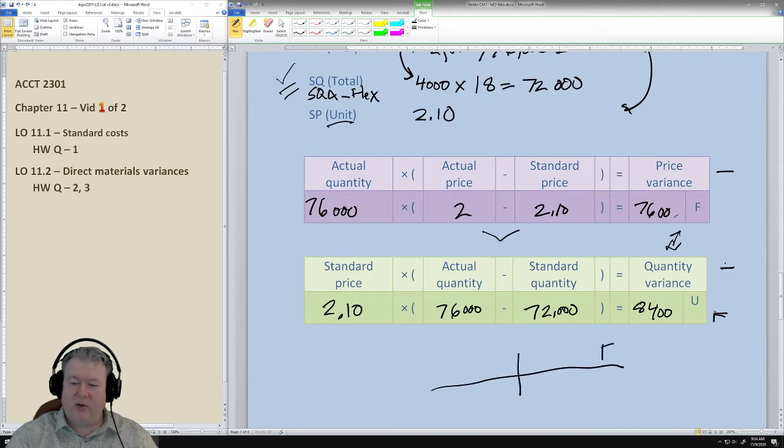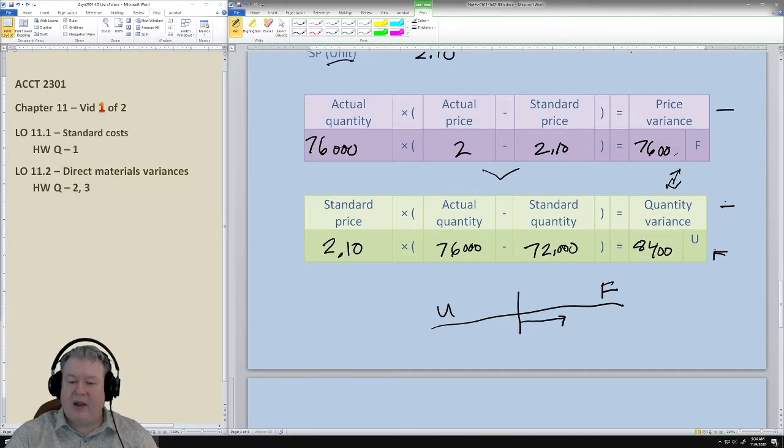This is the favorable side and this is the unfavorable side. We increase the favorable side by 7,600, and then we decrease it to the unfavorable side by 8,400. And so our total is going to be, well, what is that? Looks like that's 800. 800 unfavorable.